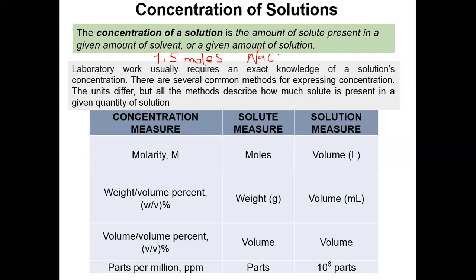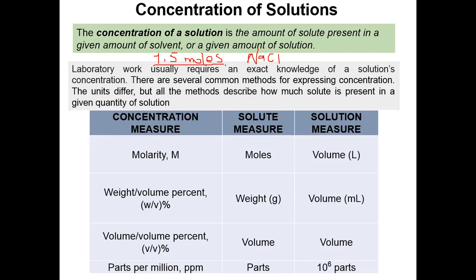And we can find what this is in mass. So what's going to be the mass of 1.5 moles of sodium chloride? But we have never said in what amount of water we want to dissolve this 1.5 moles of sodium chloride. If we don't specify that, we never know the concentration.